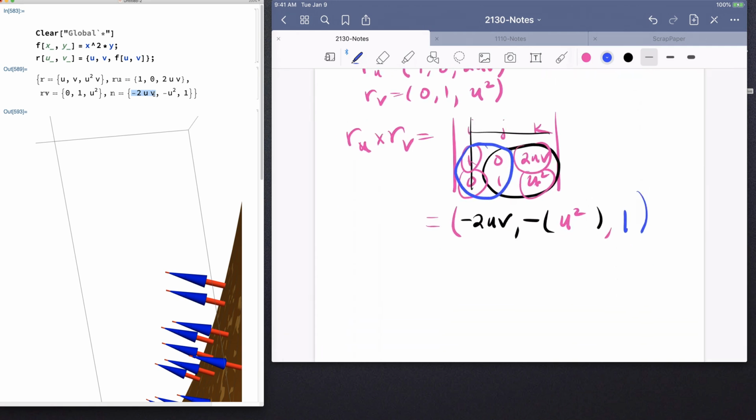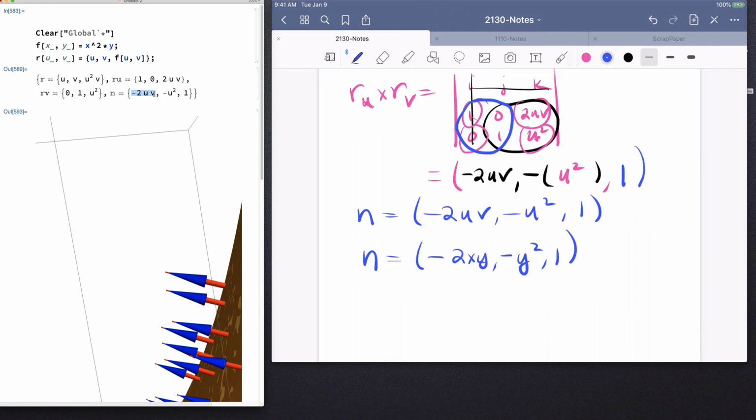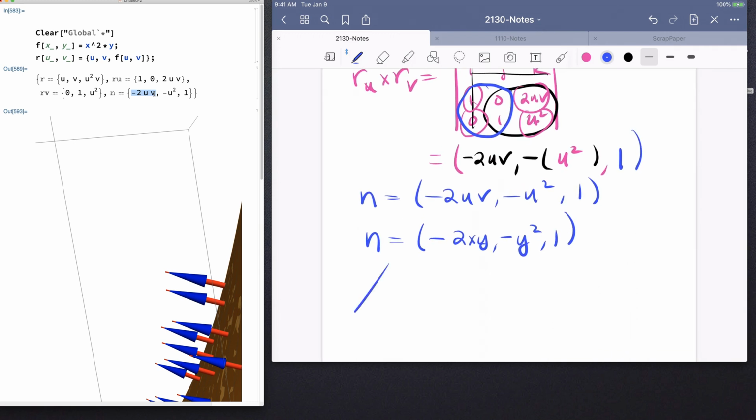So what we're seeing is that the normal vector is minus 2uv, minus u squared, 1. In other words, the normal vector is minus 2xy, minus x squared, 1. And that was for the surface z equals f of x, y equals x squared y.